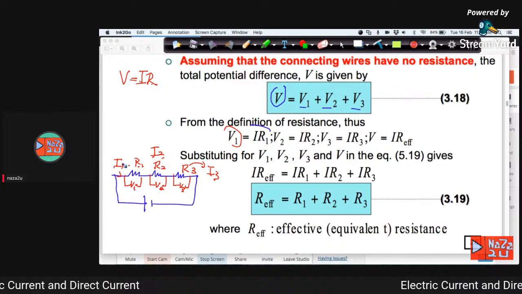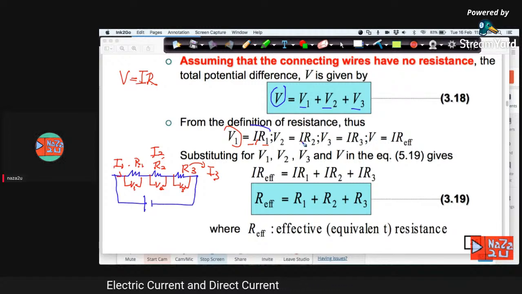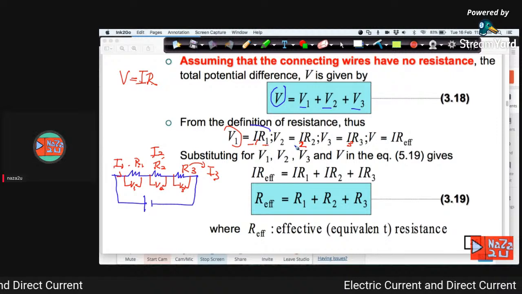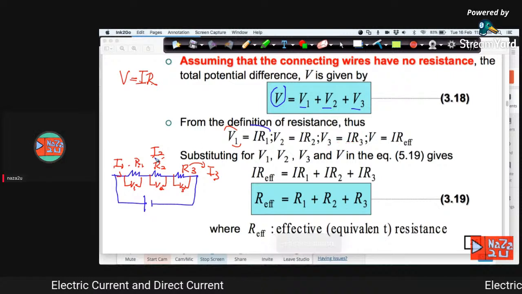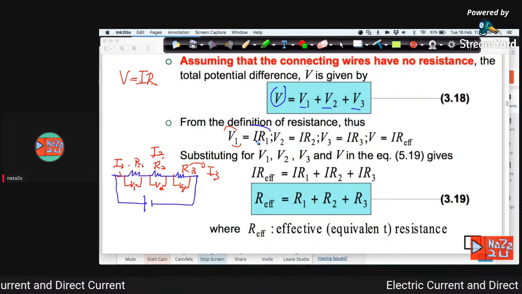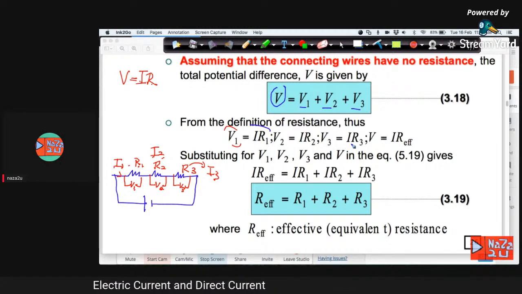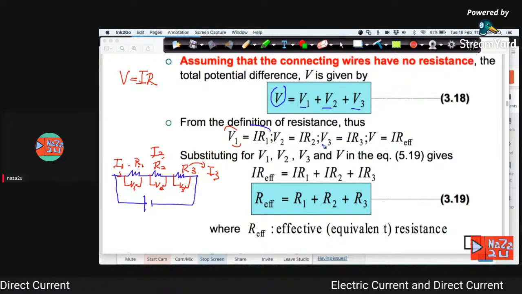So nak kira voltage kat sini I1 R1, tetapi kat sini dia tulis I sahaja. Tapi dia tak tulis I1, I2, I3 kerana I yang masuk dalam rintangan 1, rintangan 2 adalah sama. So, for the voltage, V1 equals I1 R1, V2 equals I2 R2, V3 equals I R3. Right? So, ini persamaan dia.